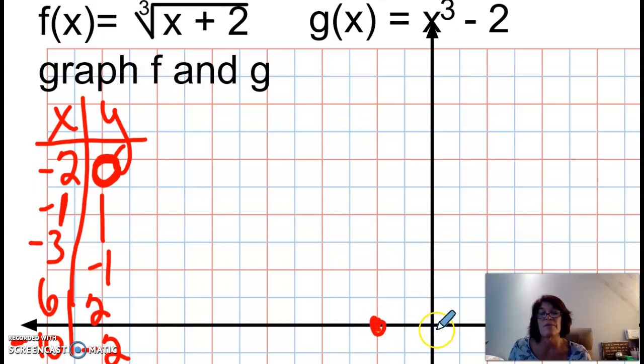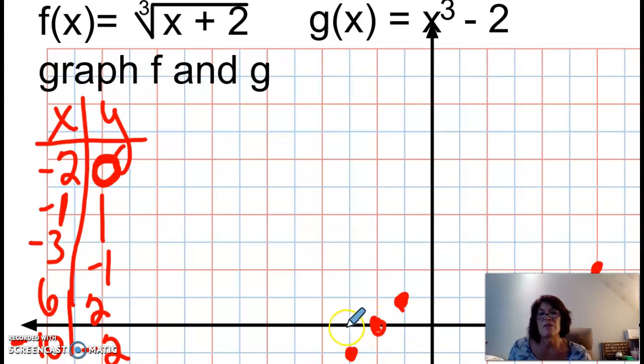Negative 2, 0. Negative 1, negative 1. Oh, no, sorry. It's negative 1, 1. Negative 3, negative 1. Let me erase this blunder. What was it? 6, 2. So 1, 2, 3, 4, 5, 6, 2. It's right here.